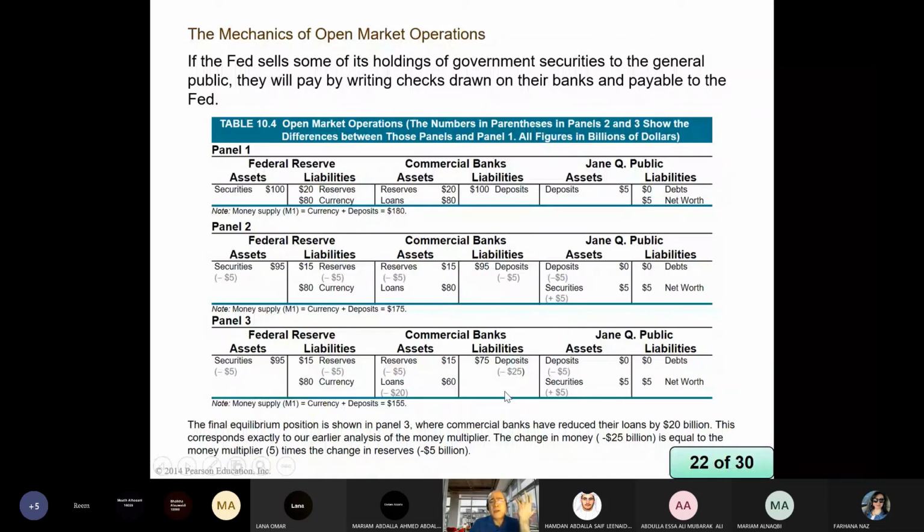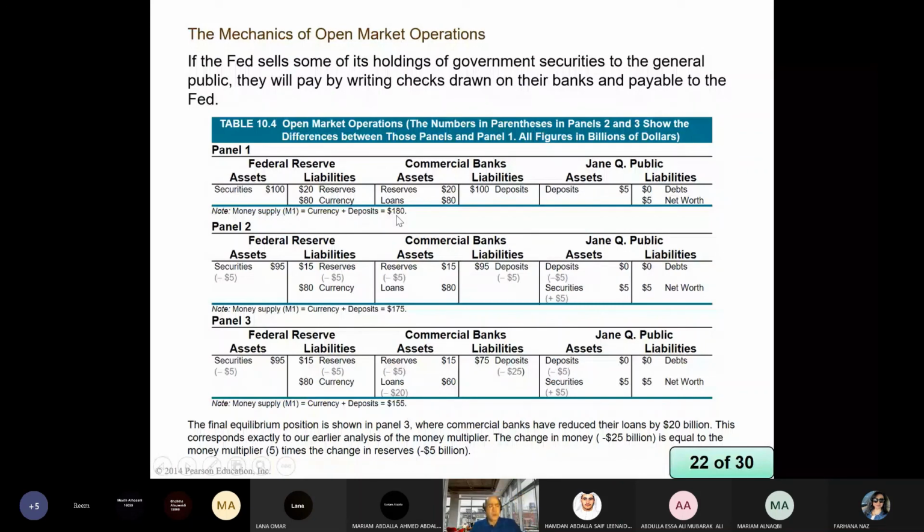Let's follow the change in money supply. Before selling national bonds, the money supply was currency in circulation 80 plus demand deposits of 100, so 180. After the central bank decided to sell national bonds of 5 dirhams, the money supply decreased from 180 to 155.